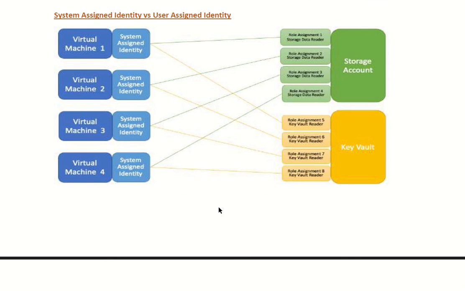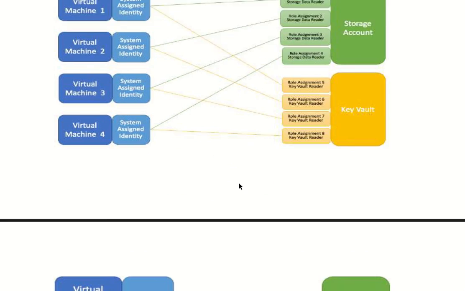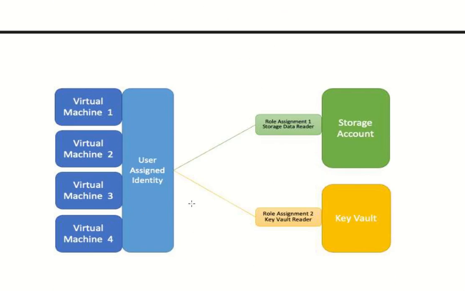So if you go with a user assigned managed identity, see the advantage. Very simple, because all 4 virtual machines or resources want to access the same set of resources, that is a storage account and Key Vault, and all are running, in my case, the same web server, or have the same requirement of roles and permissions.